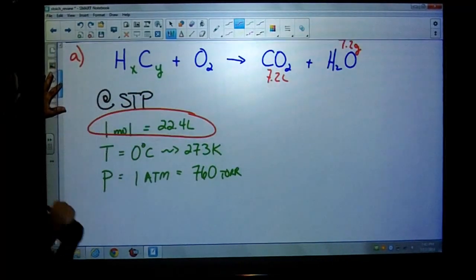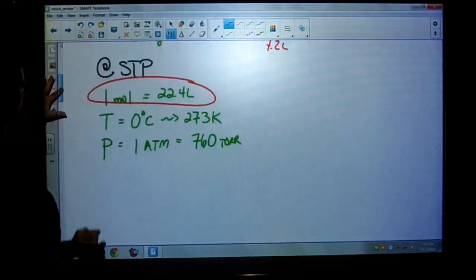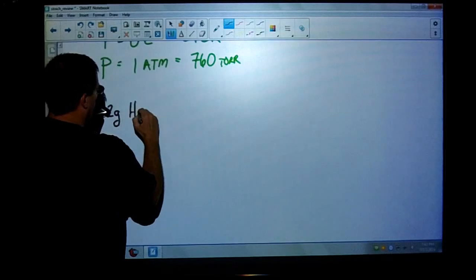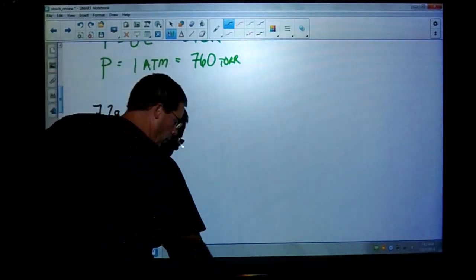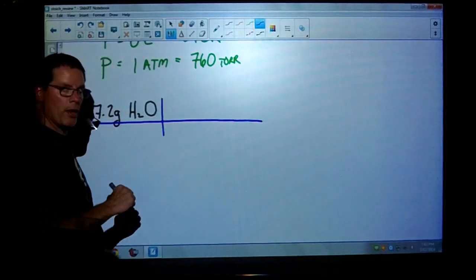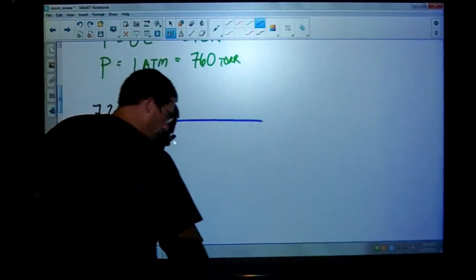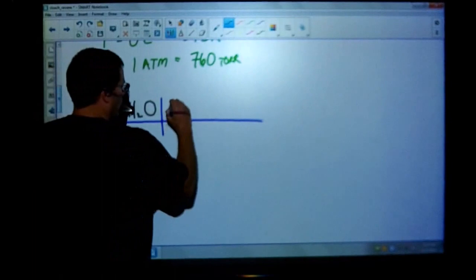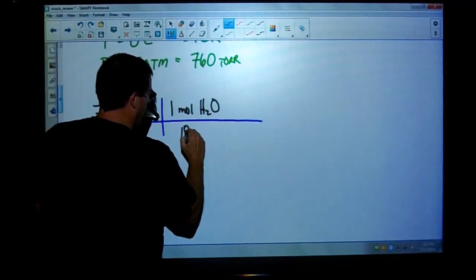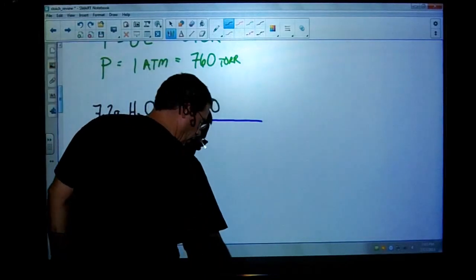I'll do the hydrogen first. So we've got 7.2 grams of water. What I want to do is find out how many moles I have of water, and then find out how many moles of hydrogen I have. In 1 mole of water, there's 18 grams, or 18.016 on your homework.